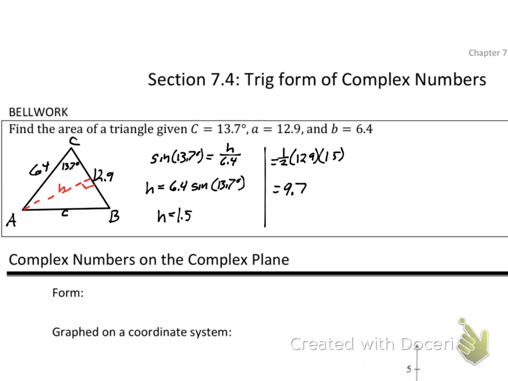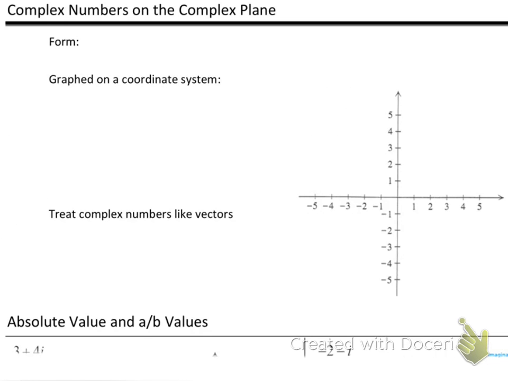So today's lesson, we're going to go into the complex numbers. And we're going to find out how we can actually graph a complex number. It sounds a lot harder than it actually is. So the first thing we're going to do is come up with our complex form, the way we've seen it every single day up until now.